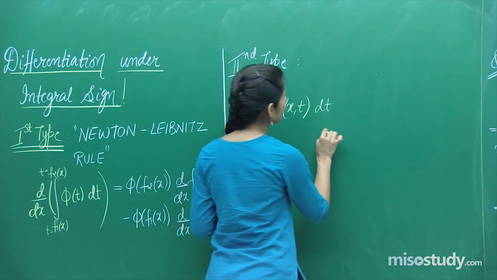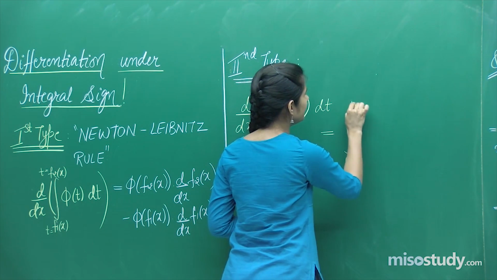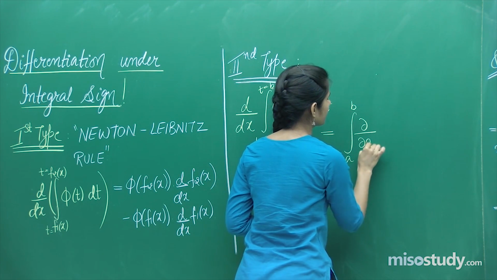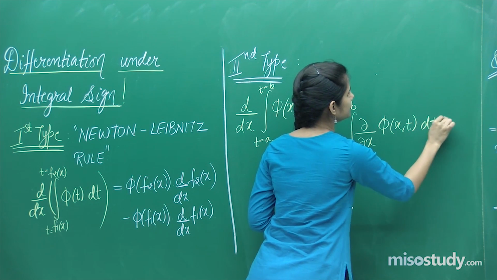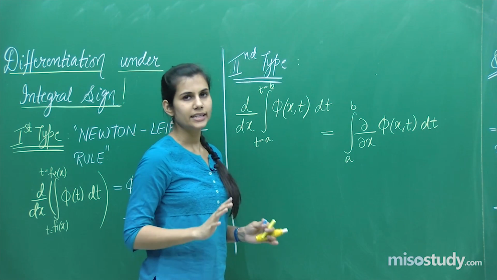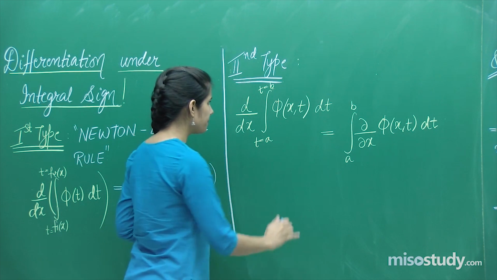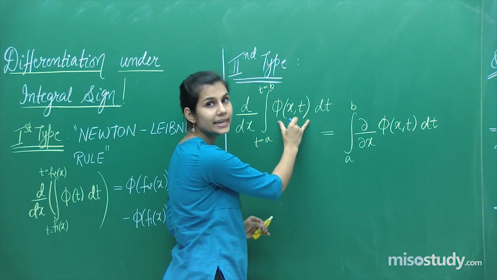This is equal to integral a to b del by del x of phi of x,t dt. Now what is this? Basically, try to understand step by step. Phi of x comma t is a function of x and t.